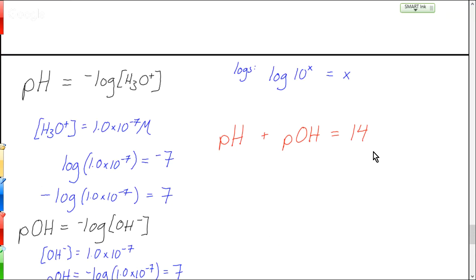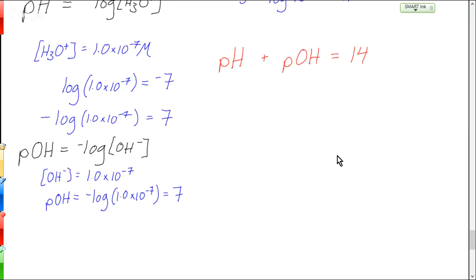So let's try that. Let's say we have another solution where the hydronium concentration this time, and we're not going to use such nice numbers, is 3.2 times 10 to the minus 4 molar. So that's our hydronium ion concentration in solution.